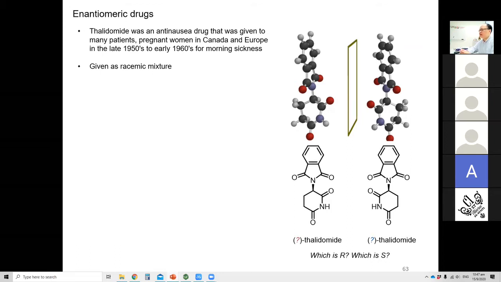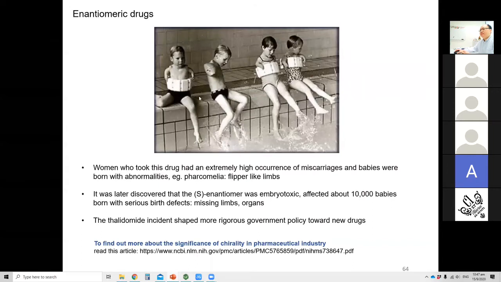So they thought, okay, let's give it to all the women who are pregnant and have morning sickness, and then tragedy happens. It was given as a racemic mixture, but later it was found that women who took this drug had an extremely high occurrence of miscarriages and babies born with abnormalities like phocomelia. Totally tragic.